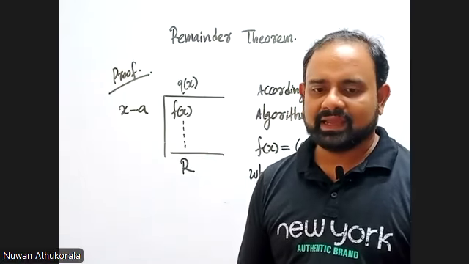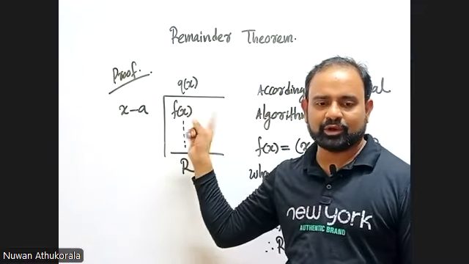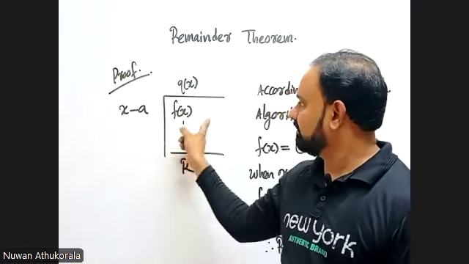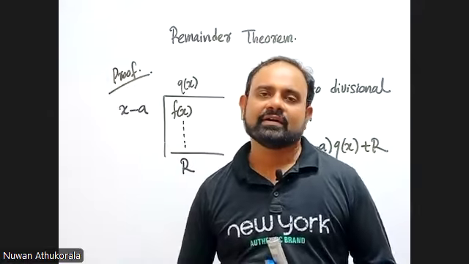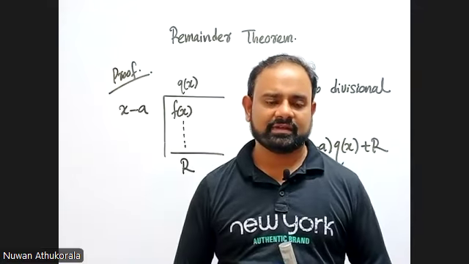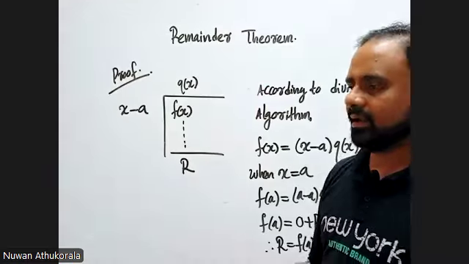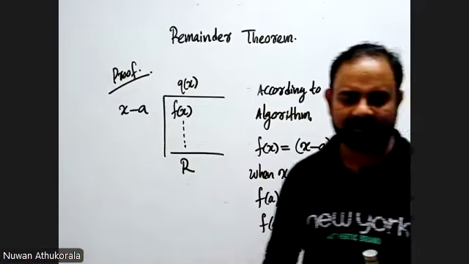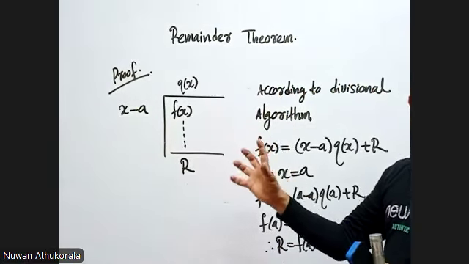If the polynomial f(x) is divided by x minus a, then the remainder is f(a). The remainder is f(a), right? Then write down the proof of the remainder theorem.